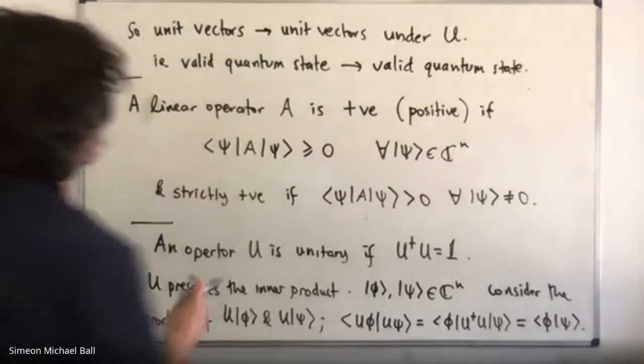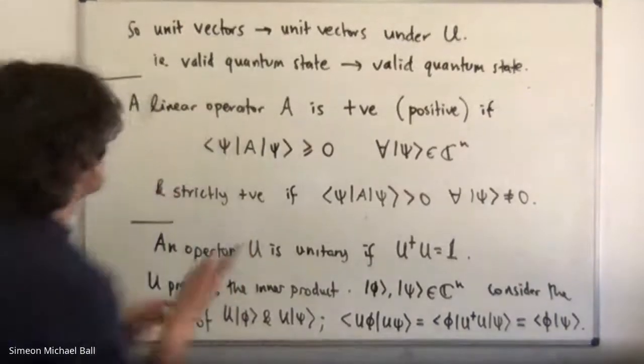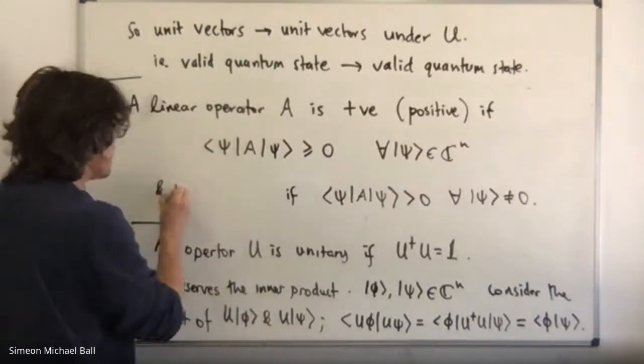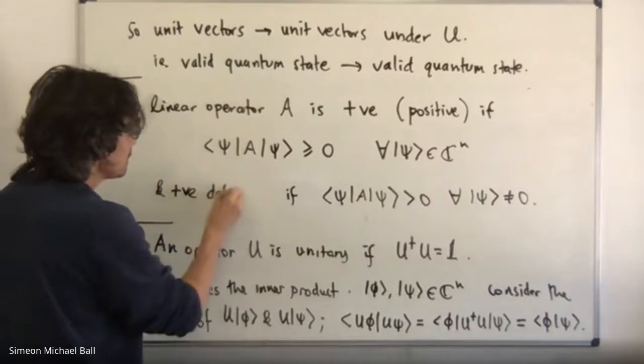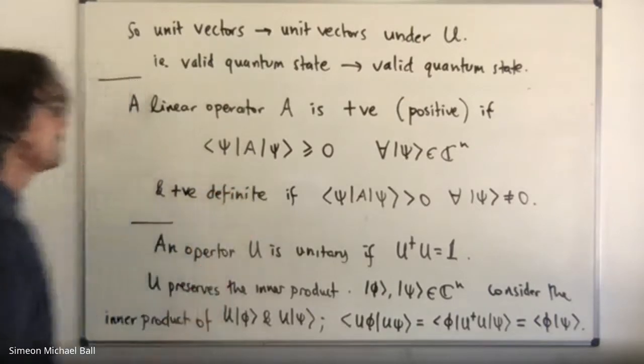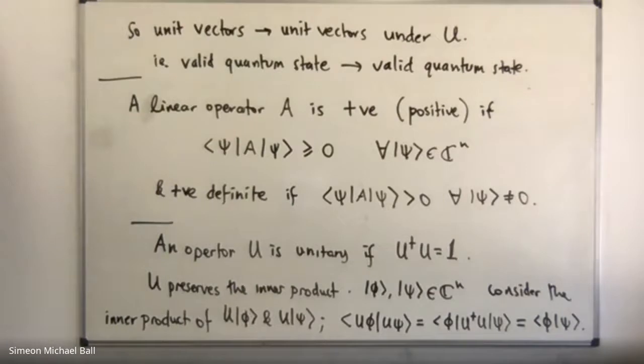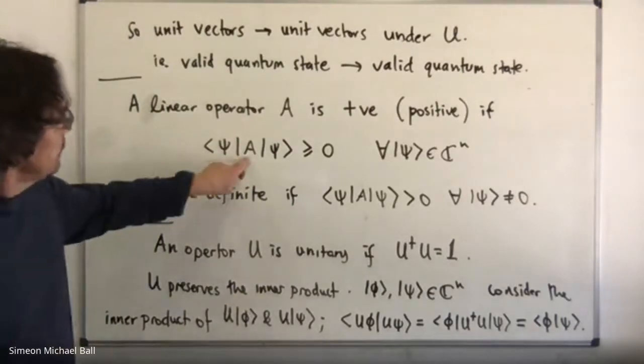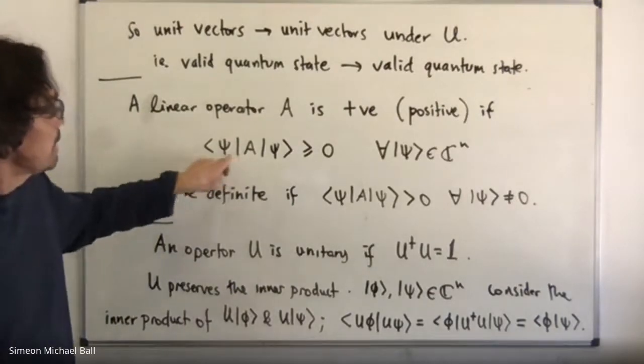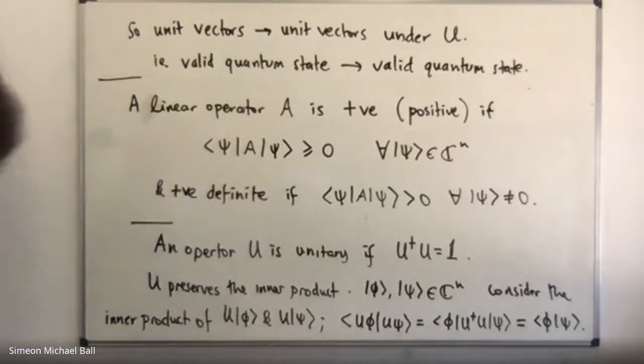That was the word. Damn, sorry about that. Positive definite. Yeah. So a positive operator just means that if you take the product of psi with A psi, then it's always going to be a positive number.